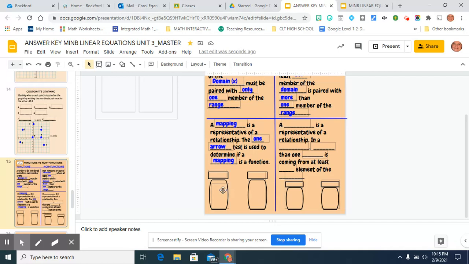So what does that look like? Well, with a mapping, we have two boxes, and oftentimes they look like ovals, and one represents the domain, or the x values. We can make that a little bit smaller so it'll fit.